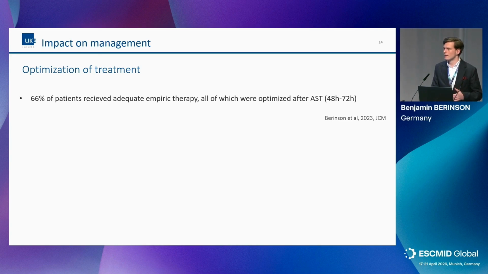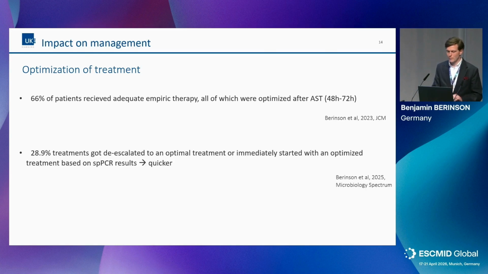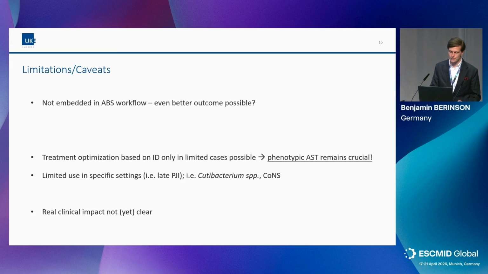And this was, at least for us as microbiologists, reassuring that the clinicians are actually acting on the results we are providing. And back to the prospective study, here we could see that in 28.9% of cases, the treatment got either de-escalated to an optimal therapy or immediately started with an optimized treatment based on the syndromic panel PCR results. And obviously, this also happened quicker than waiting for the culture.